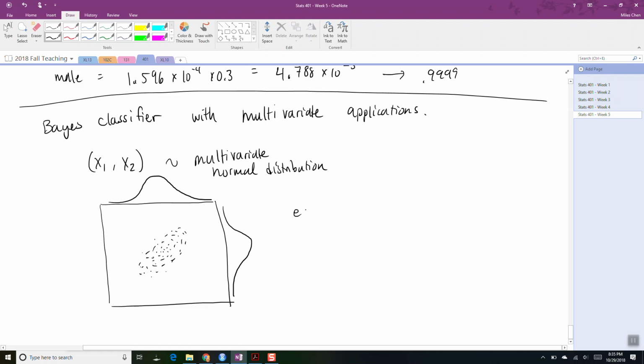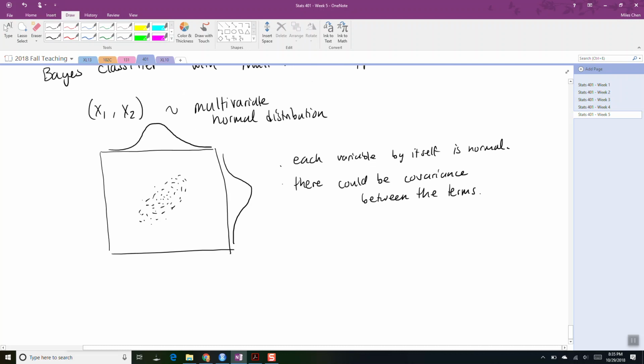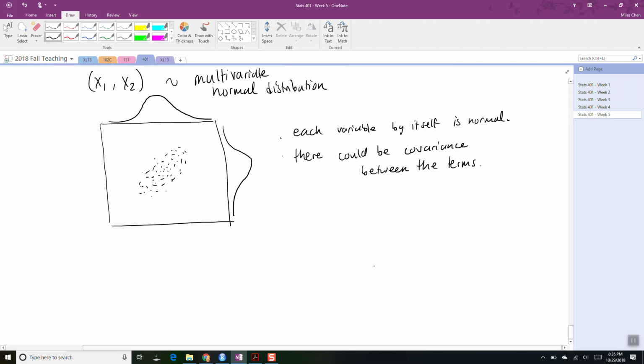Each variable by itself is normal, but there could be covariance between the terms.